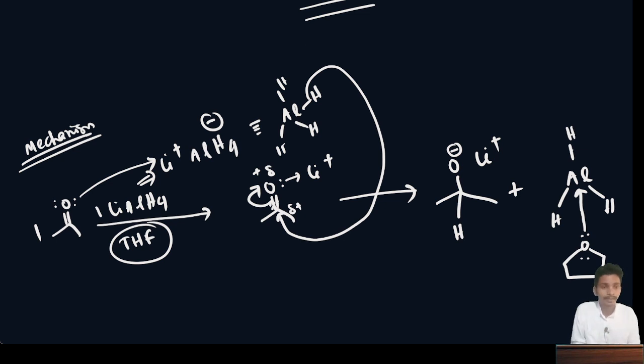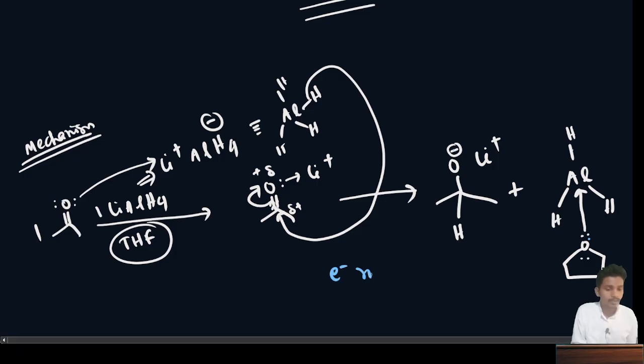Now what will happen? Here the aluminum is coordinately bonded with THF, but the oxygen has a negative charge. Electron richness is greater in a negative charge than in a lone pair.